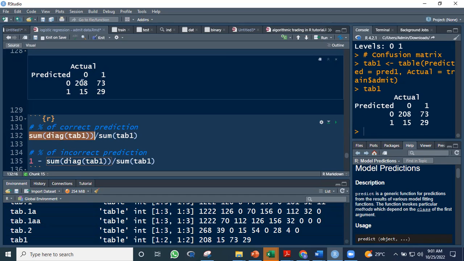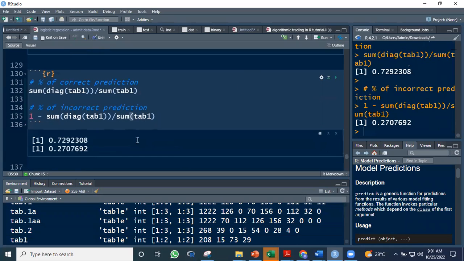So i-add niyo yung diagonals nito divided by yung total ng tab 1. And on the other hand, the incorrect prediction will just be 1 minus this one. So run natin to. Okay. So the correct prediction is 73% and the wrong prediction is 27%. So that's how our model fared.